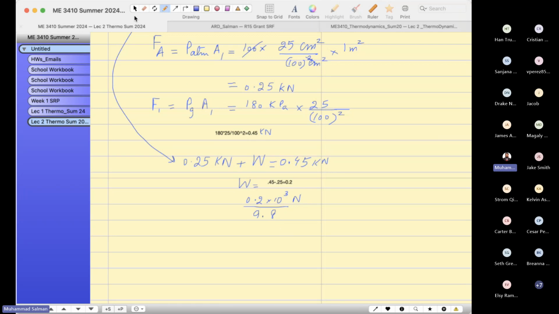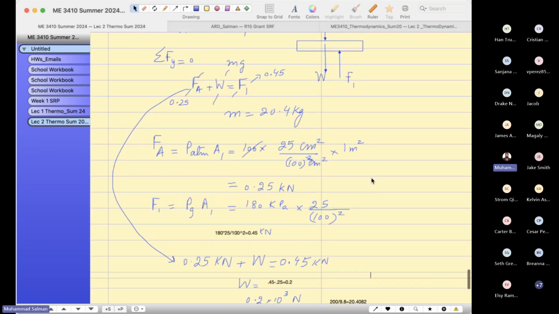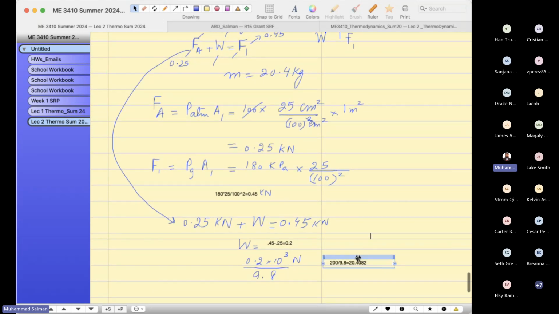If we divide it by 9.8, I get about 20.4, which is the same as what I just wrote earlier.